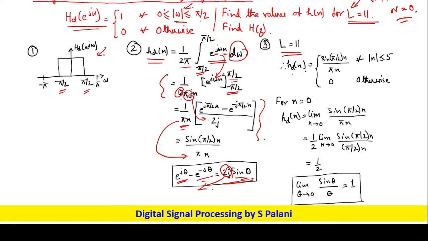Hd(n) should be sin of pi by 2 n divided by pi n for modulus of small n less than or equal to 5. Okay. So how did you get this less than or equal to 5? Capital N by 2. Okay. So when length is 11, it is basically a type 1 filter, right?